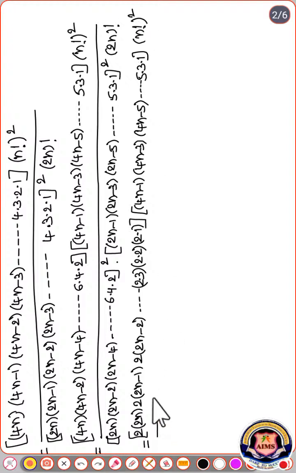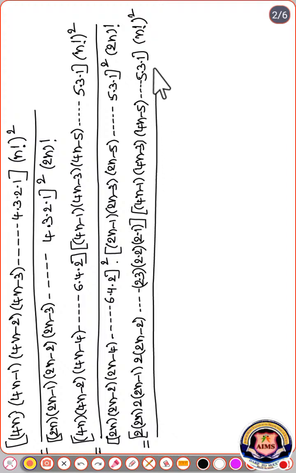Just in the numerator we have taken 2 common from even numbers, and in the denominator also, my dears, inside of the bracket take 2 common from even numbers.